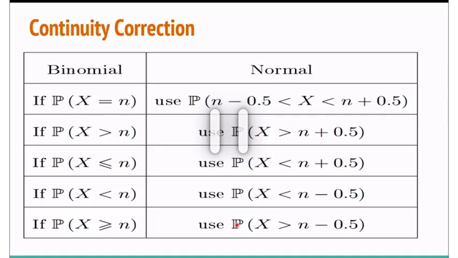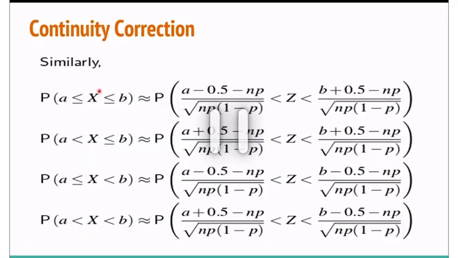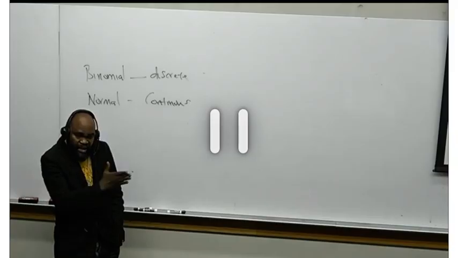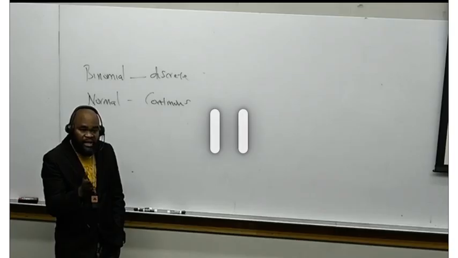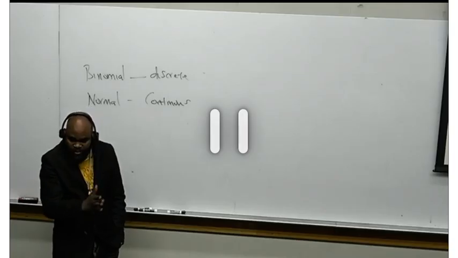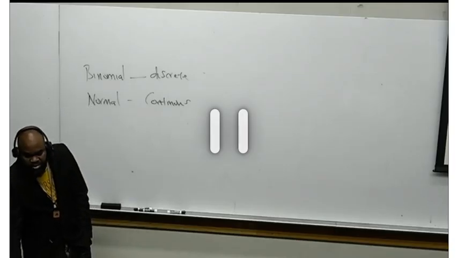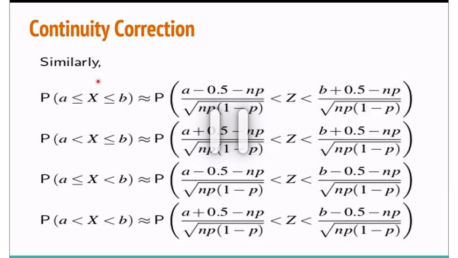Now, if I have this, how am I going to implement that? Please pay attention. If I want to find the probability of a random variable lying inclusively between A and B, and I want to use a normal approximation, this is what I'm going to do: I'm subtracting 0.5 and adding 0.5.